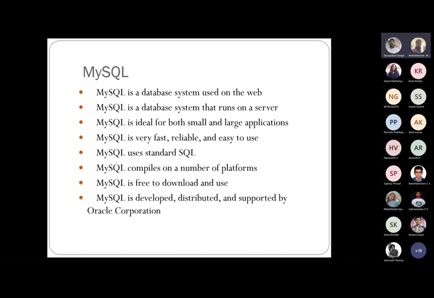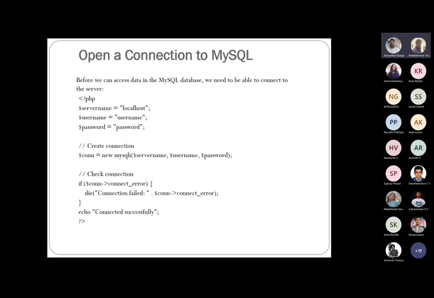So now you are going to use SQL as a backend to store the data. MySQL is free to download and use. It is a database system that runs on a server. Whenever we use PHP and SQL, we have an app. XAMPP is a popular app.